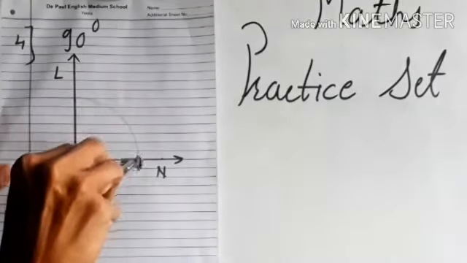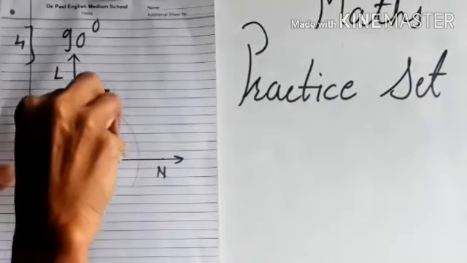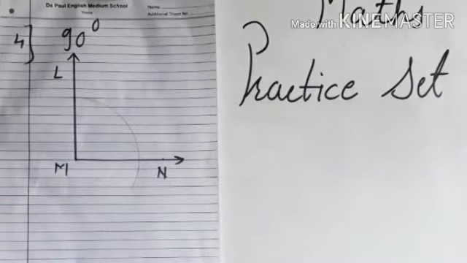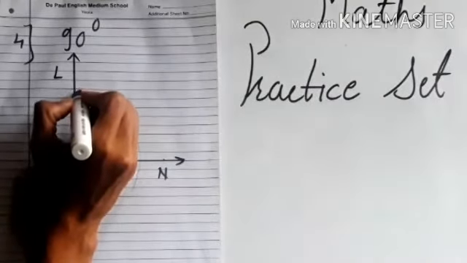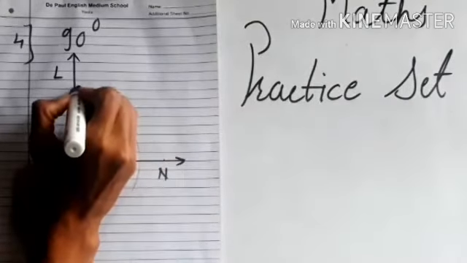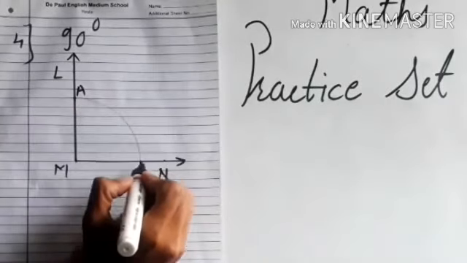Like this arc we have to draw, and then give names to the points of intersection. Let me give the names A and B.